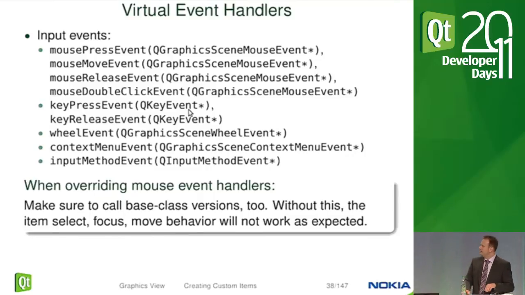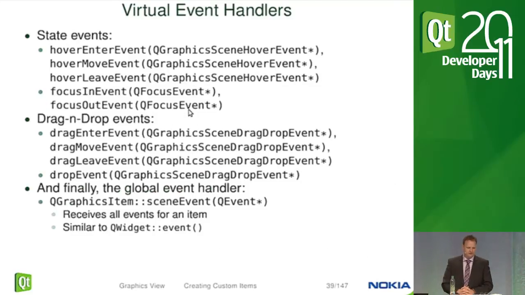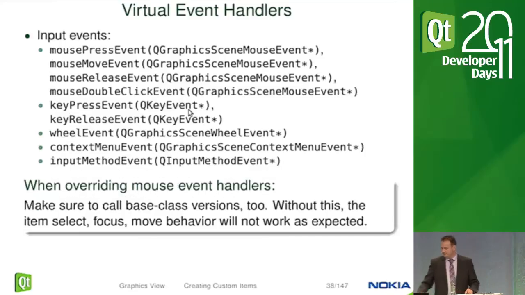First, the methods for the input events. Those of you that have tried this in the widget world might recognize all these: mouse press event, mouse move event, mouse release event, mouse double click event, key press, key release, wheel event, context menu event, hover enter, and so on. These are exactly the same, except for one crucial difference. They all take a QGraphicsSceneMouseEvent instead of just a QMouseEvent. Why is that?